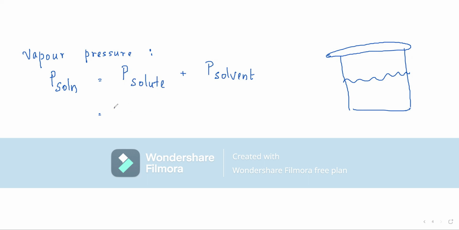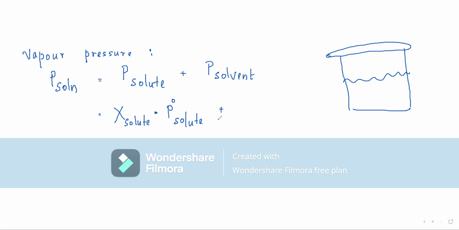Pressure due to solute is mole fraction of solute into pure vapor pressure of the solute. What is the meaning of pure vapor pressure of the solute?